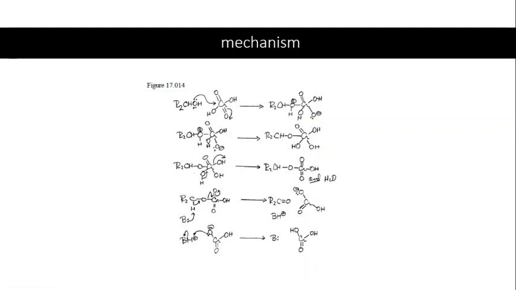And then the H of the OH group changes into the carbonyl group, and one of the OH is leaving as a leaving group.